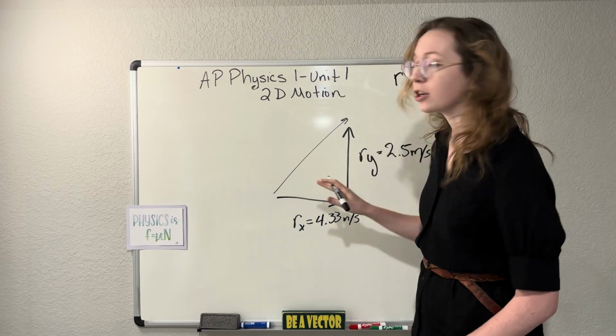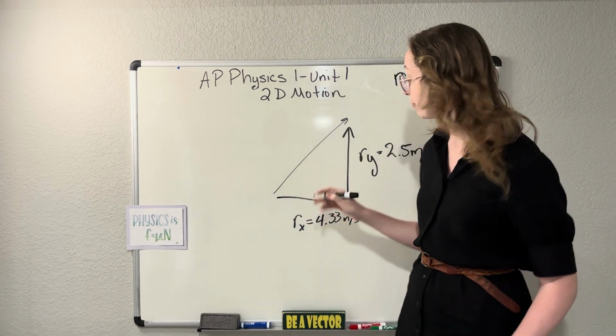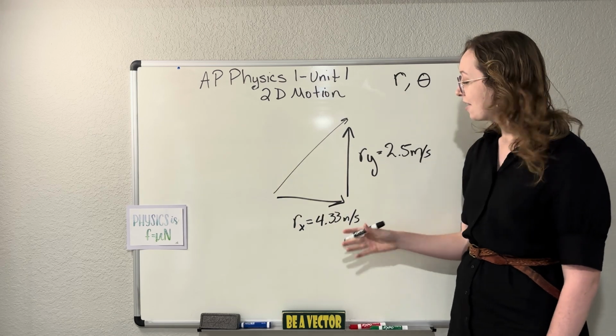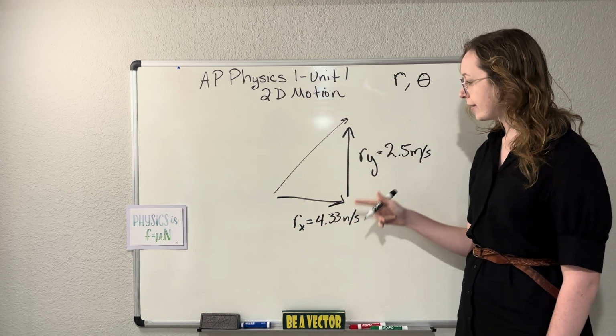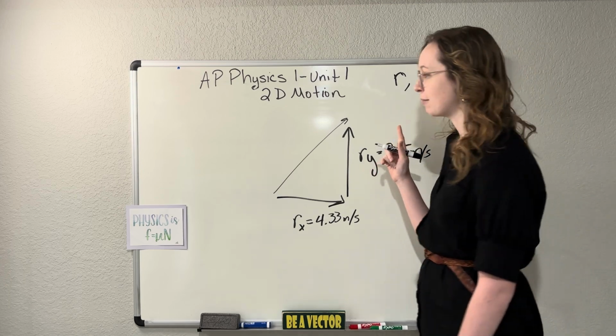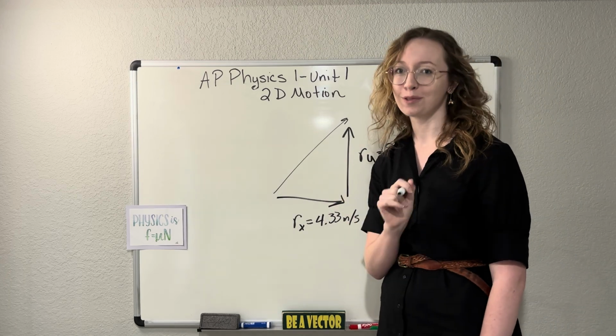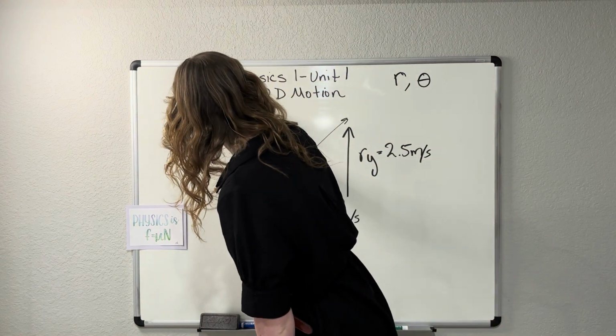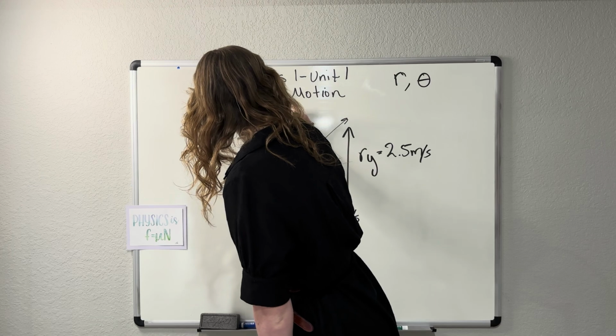So let's first start trying to solve for the magnitude of our vector, this r here. Well, here we have a lovely triangle. We've got an x and a y, these are two sides. So if we go back deep into our memory banks, back from algebra, we might remember our old friend the Pythagorean theorem, where a squared plus b squared equals c squared, right?